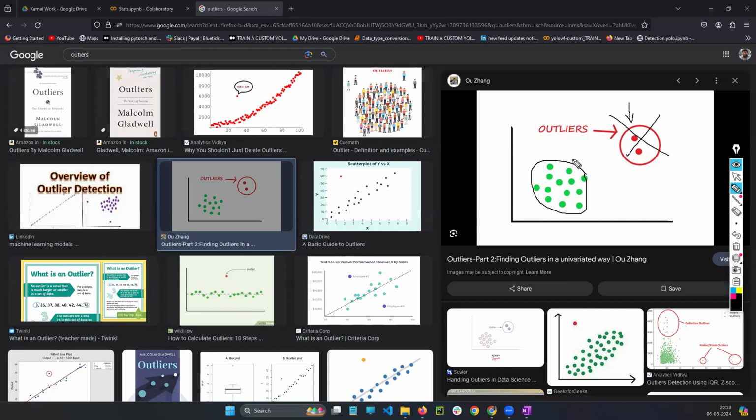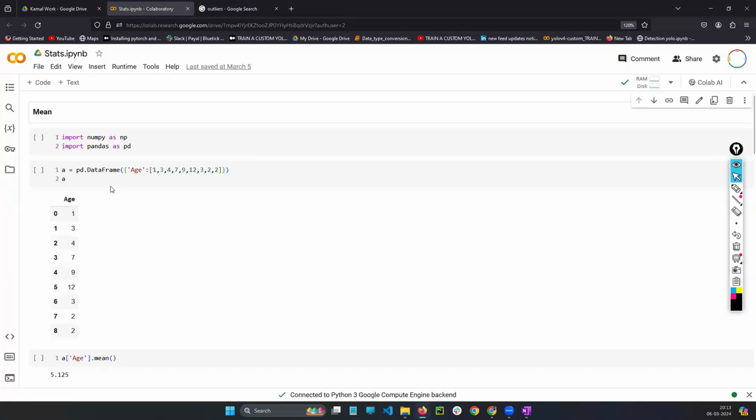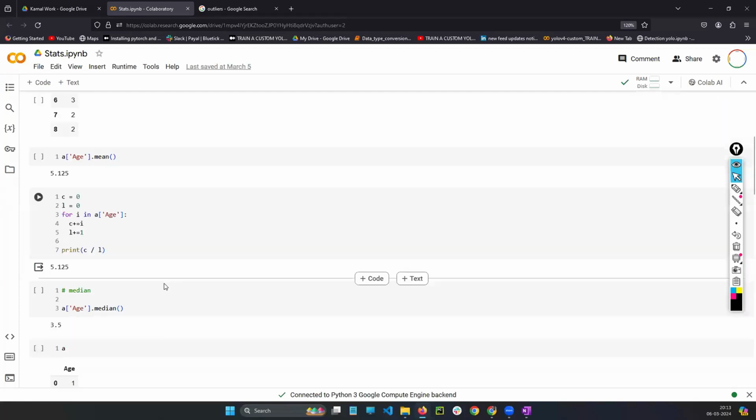As a data scientist, how are you going to handle these outliers? Mainly these outliers are handled by the data scientist, because a lot of math intuition is involved. So I will explain from scratch. I am here now, and we have the Titanic data set.